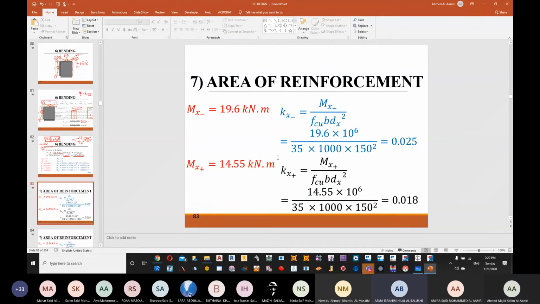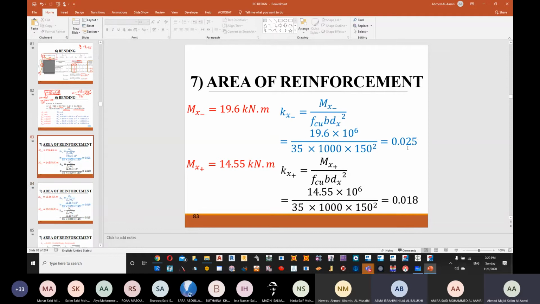There are 4 Ks. Yeah, this K that we find from the rule M by this value is different than the K that we compare with 0.156. Which one? 0.025? 4 values are there.